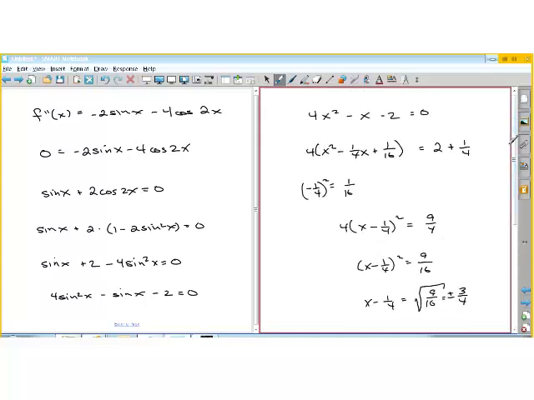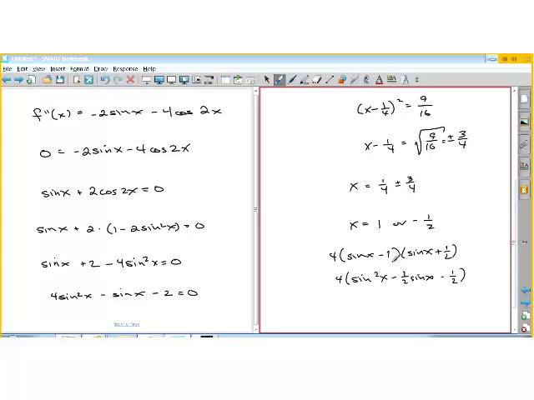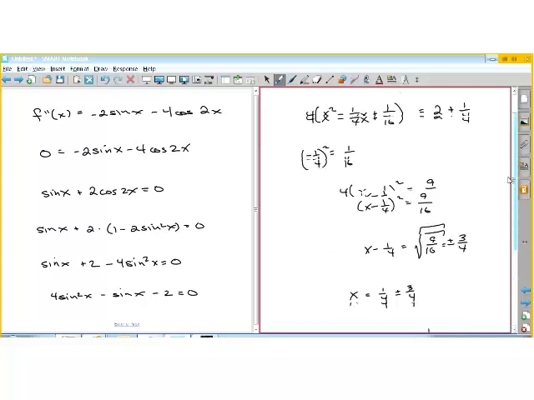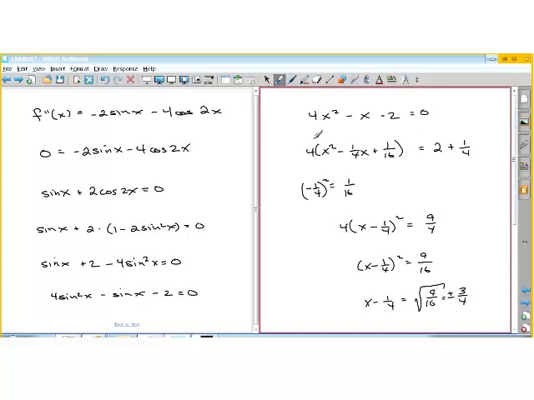And actually, that's not the original equation, so what did I do wrong there? Let me go back here again. The problem is if I multiply by 4, I get 4 sine squared x minus 2 sine x minus 2. And I don't have that. Okay, let me just check it back again. 4 sine squared x minus sine x minus 2.